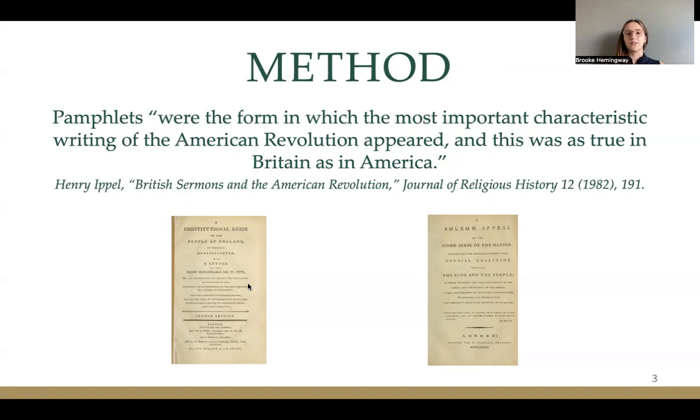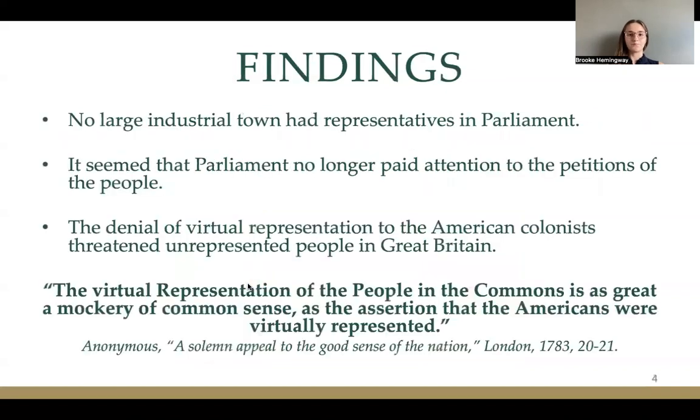Although I only found these two pamphlets that directly talked about how the American Revolution influenced Great Britain's parliamentary reform movements, I found a lot of references to these arguments, which makes me think that there are a lot more pamphlets out there that I didn't have access to. That shows that this was a very widely debated issue and that a lot of people saw the similarities between America and Great Britain's condition.